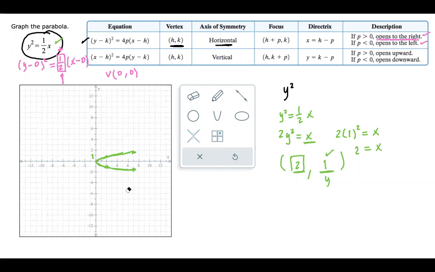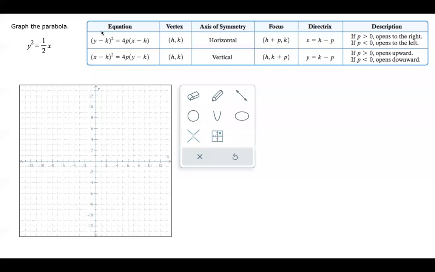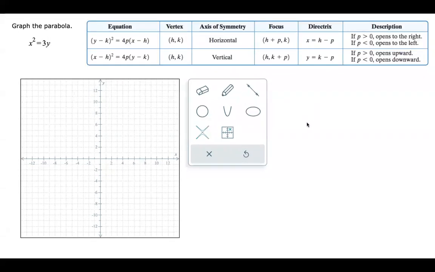Now, this is the first example, but we're going to do another one. We're going to see what happens when the x is the one that is squared. Right now we have x squared is equal to 3y. Let's identify the kind of parabola we have. Because the x is the one that is squared, we are dealing with a vertical parabola, and we can assume that this is (x - 0) squared is equal to 3 times (y - 0).